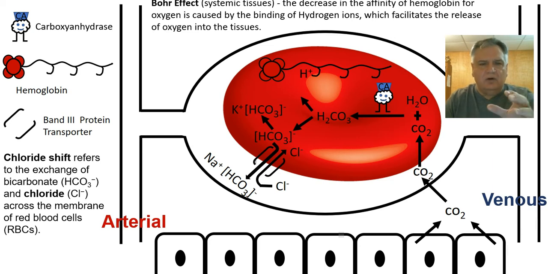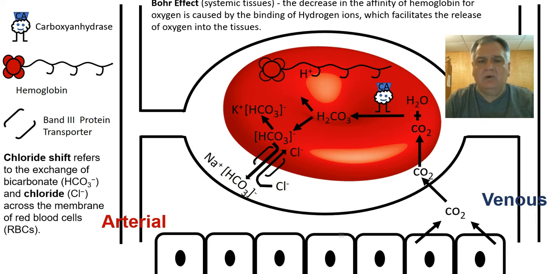It causes a little shifting in the hemoglobin molecule, and that affects the affinity of the hemoglobin for oxygen. This leads us to something that we call the Bohr effect. This happens in the systemic tissues. The Bohr effect says that the decrease in affinity of hemoglobin for oxygen is caused by the binding of hydrogen ions, which facilitates the release of oxygen into the tissues.